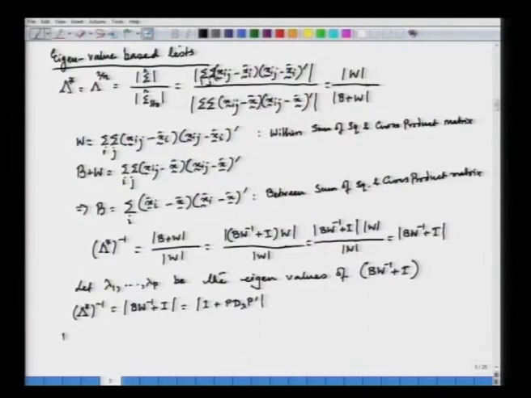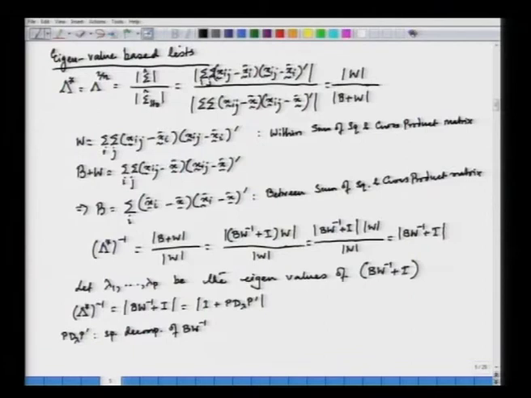So, this P d lambda P prime is the spectral decomposition of the matrix BW inverse. So, d lambda contains the eigenvalues.